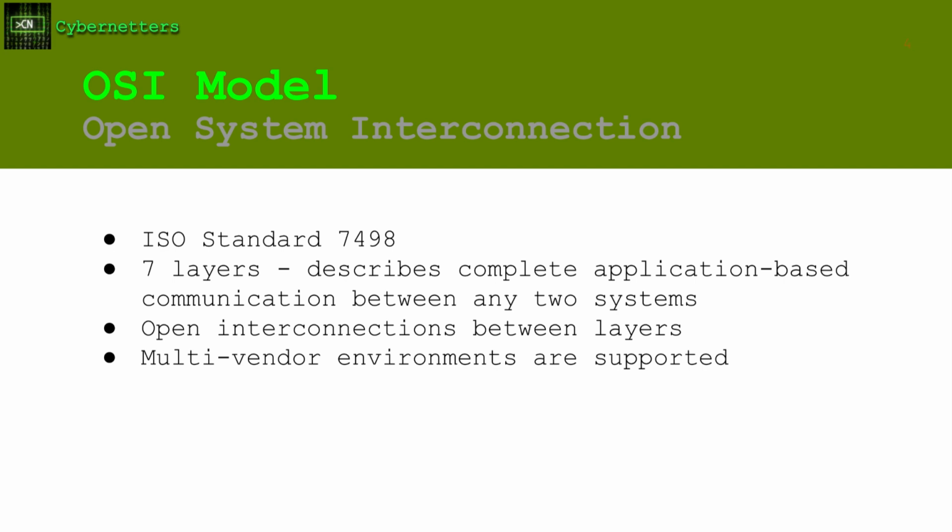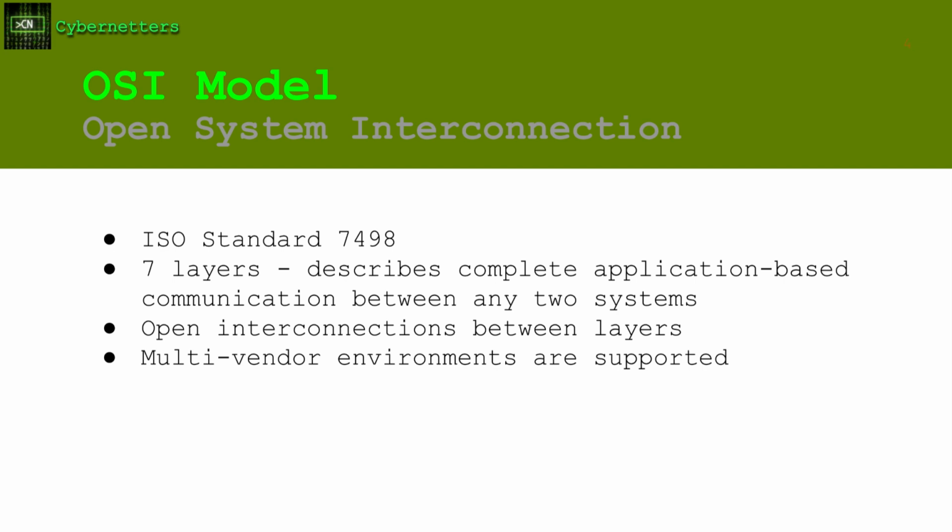Each step has its own purpose and responsibilities, and yet they all work together seamlessly to get the package to its destination. So, basically, the OSI model organizes the process of communication in a network into seven distinct layers, and each layer has a specific role, just like the steps in shipping a package.